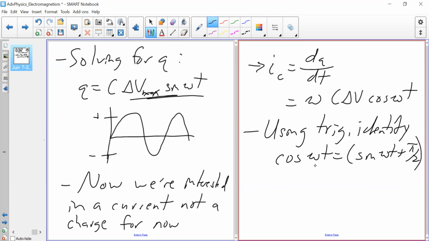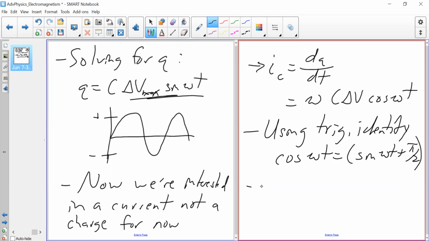So we have at t equals 0, this is a maximum, this is 0. So this is already leading, cosine leads sine by pi over 2.